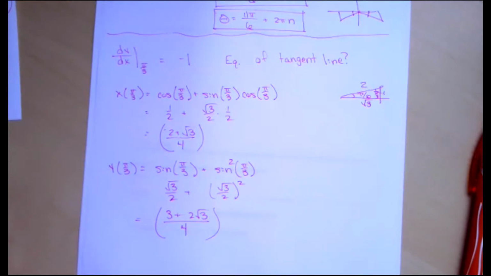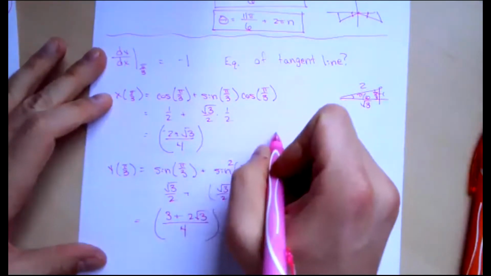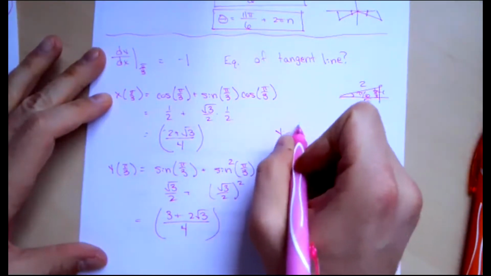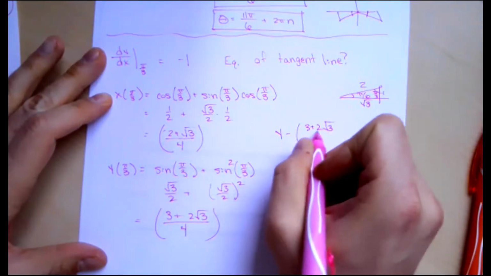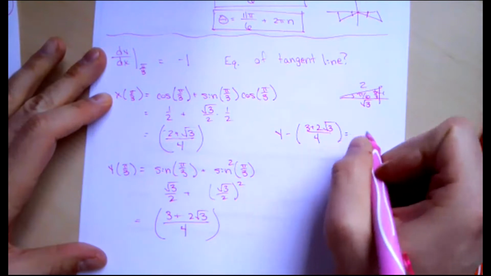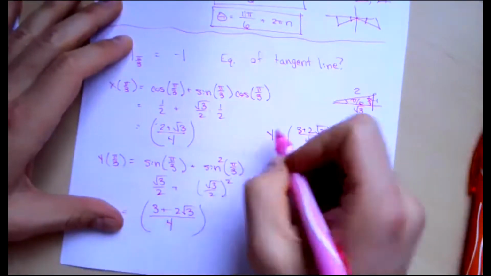And the equation of a line, of course, because we have these square roots, it's going to look complicated, but just mind your parentheses. We just put it all in slope-intercept form, so it'll be y minus that number, 3 plus 2 square root of 3 over 4 equals -1. I don't even have enough space to write it.